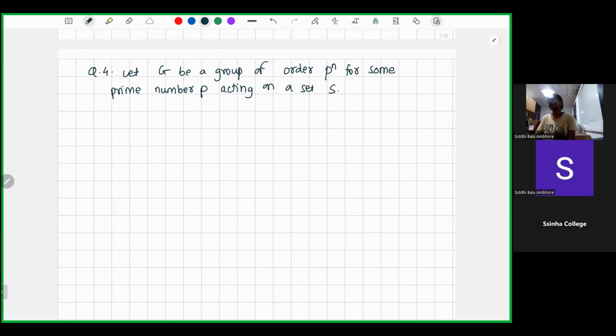They have not explicitly given the group action here. They are just saying that G is a group of order p power n for some prime p, and it is acting on this set S. And let S_A be the set of all those elements A in S such that GA is equal to A for all G in G.